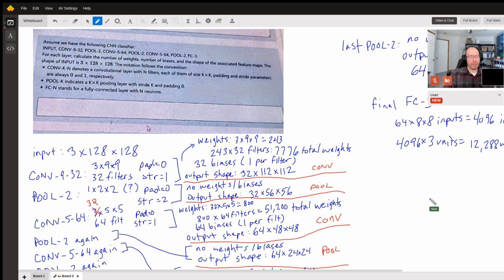Okay. And I guess you just have one bias for every unit, so that would be 3 biases. One per unit or neuron.